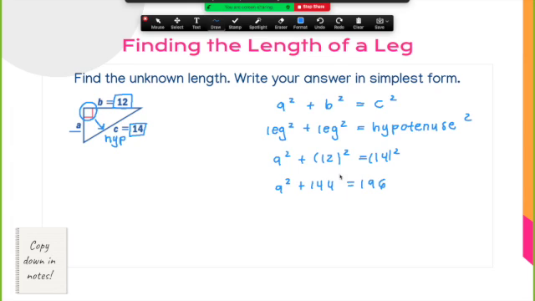So since 144 is on the left side and I want to move it to the right side, what I can do is subtract 144 on both sides, and that will give me a squared. So from here we get a to the power 2 equaling 52.